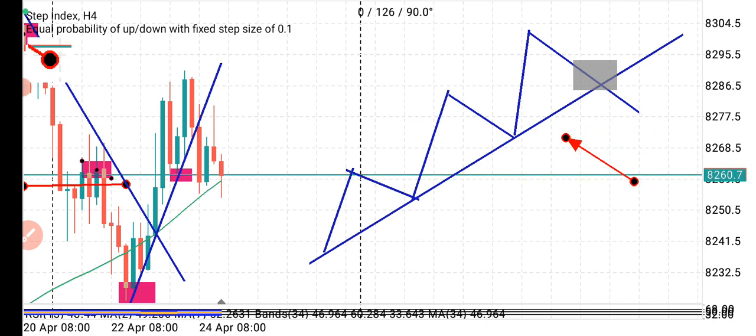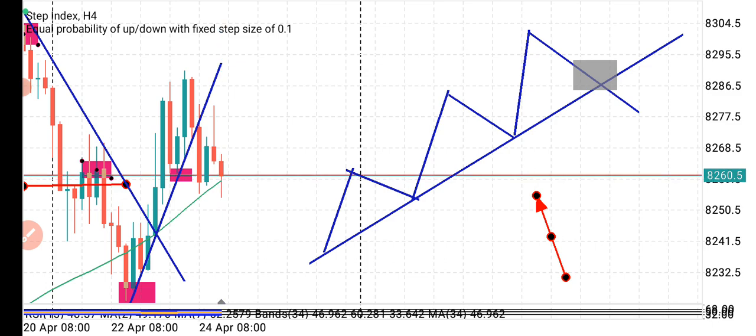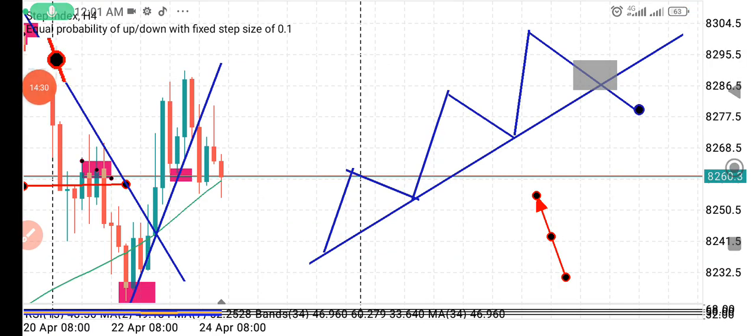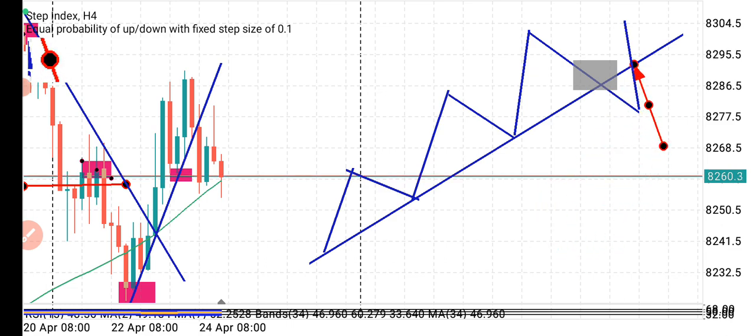See, the price breaks out of this trend line here, now with the intention that price will continue going bearish, only for price to return back inside the trend and continue making another higher high, higher low.